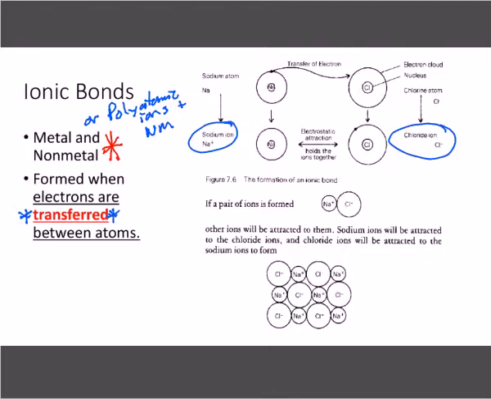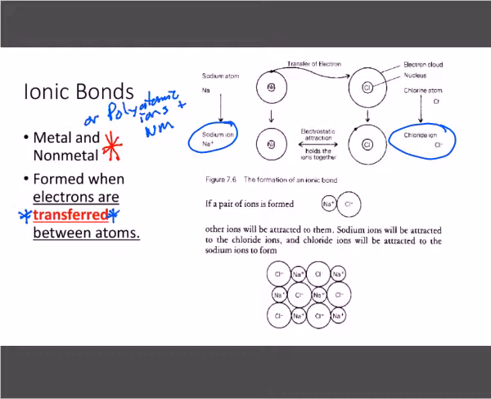Okay, Na+ and Cl-, and then this is what your bond would look like right here. Okay, you've got that positive in the sodium, and you've got that negative in the chlorine. Those opposite charges pull them together to form a bond. Okay, that's what keeps those together. We will draw pictures here in a minute to kind of show this whole process as to how you're going to draw the bonds.